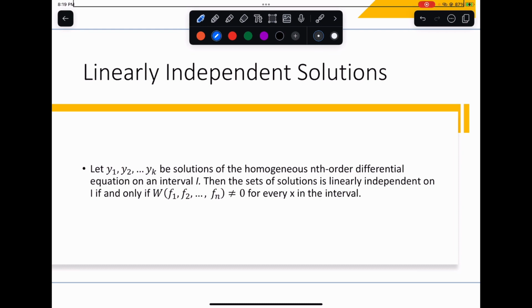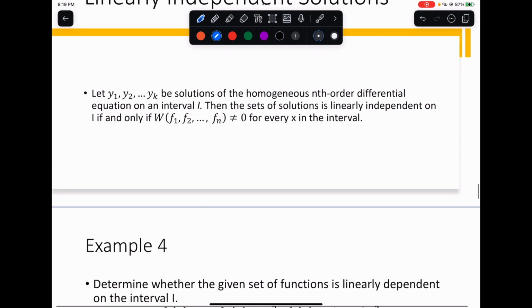It's the same thing as what we did for the arbitrary constants: if it is equal to 0, that makes it linearly dependent; if it's not equal to 0, independent. So if the Wronskian W is equal to 0, that would make it linearly dependent.